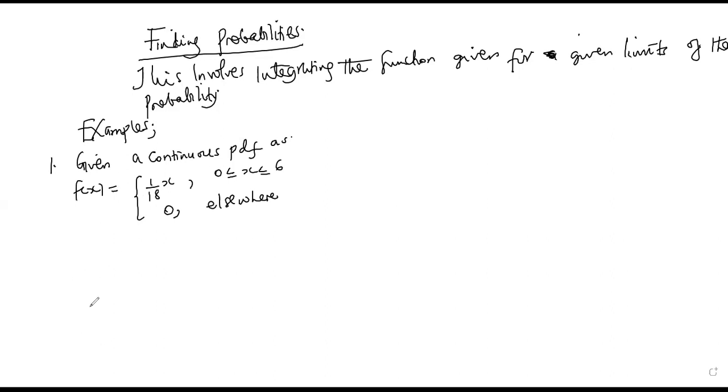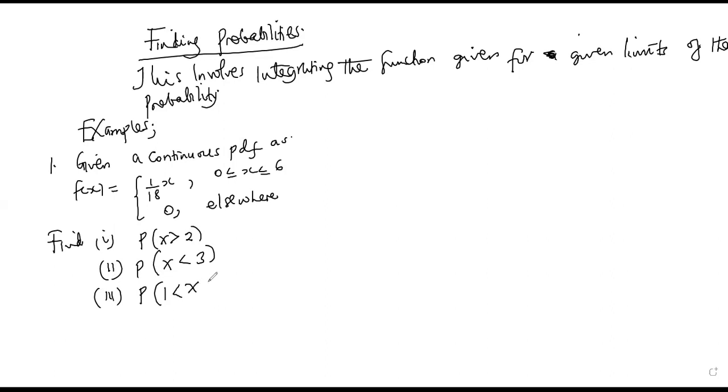So we shall do them provided we first finish this struggle of getting the probabilities, then we shall be doing a general question. So find: Roman 1, probability of x greater than 2; Roman 2, probability of x less than 3; Roman 3, probability of 1 less than x less than 3. Remember, in our introduction this is equal to 1 less or equal to x less or equal to 3, so we shall take on the whole range.